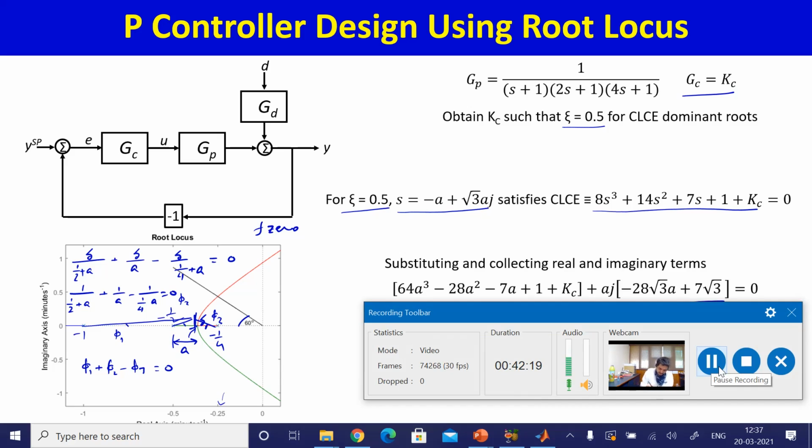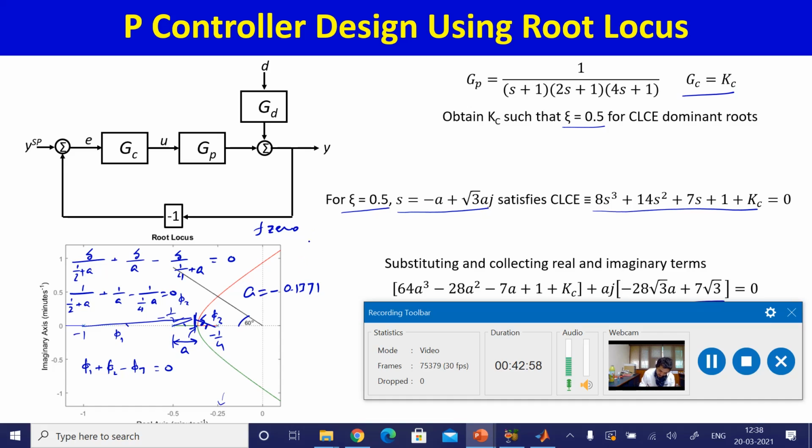So it turns out that when you solve this equation, a is equal to minus 0.1371, and therefore the breakpoint is 0.5 minus 0.1371.